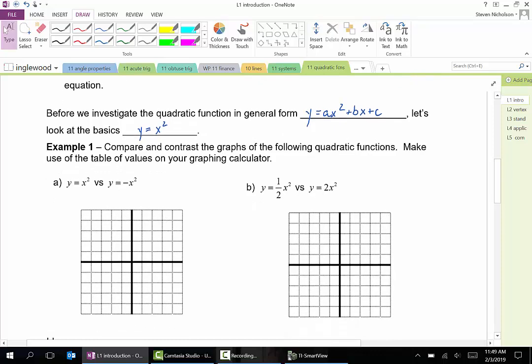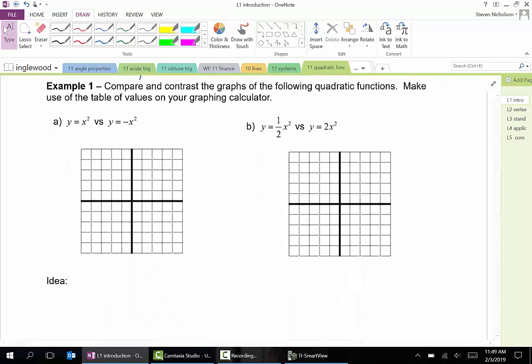Have a look at these two examples. You can use a table of values, or you could use your graphing calculator.